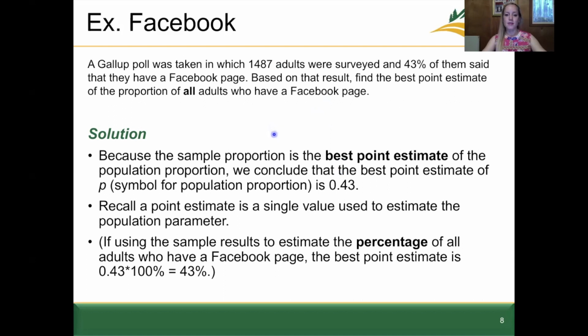Okay, so this example is getting you to start thinking about how we determine best point estimates. When we figure out what's in the question, what's provided for us, then we can go from there. This is a sample, then we're asked about the full population. 0.43 represents our sample. Okay, then we can consider that 0.43 is a true estimate of the whole population.